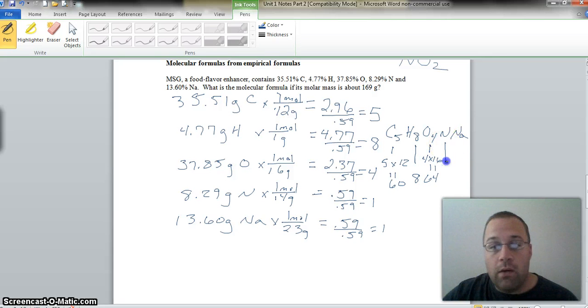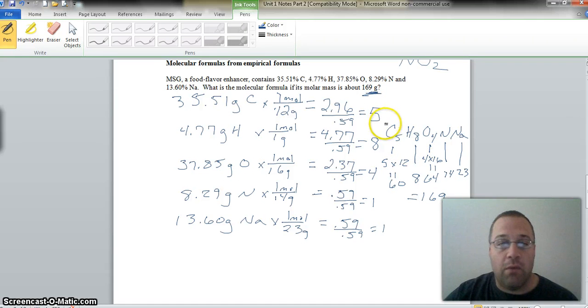There's only one nitrogen, so that's 14. There's only one sodium, so that's 23. So 60 plus 8 plus 64 plus 14 plus 23 is 169 grams. 169 is equal to what it says up above in the problem. So that means that the formula we have is not only the empirical formula, but it's also the molecular formula.